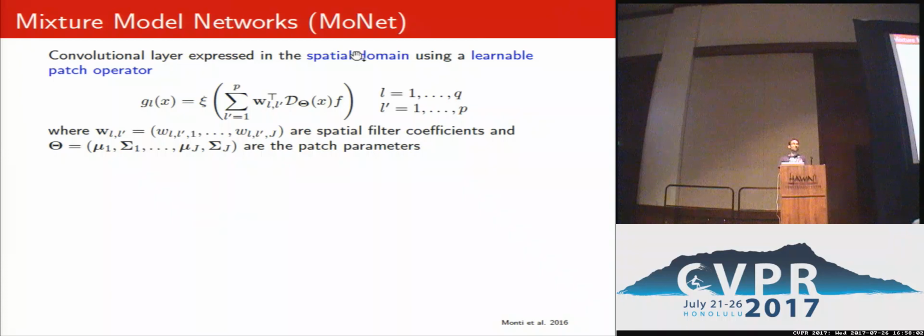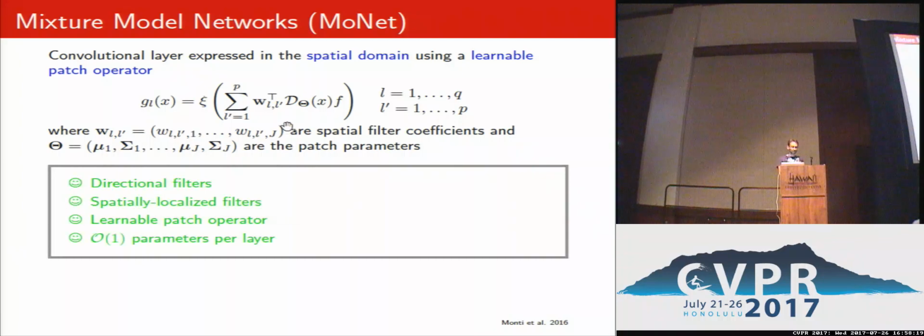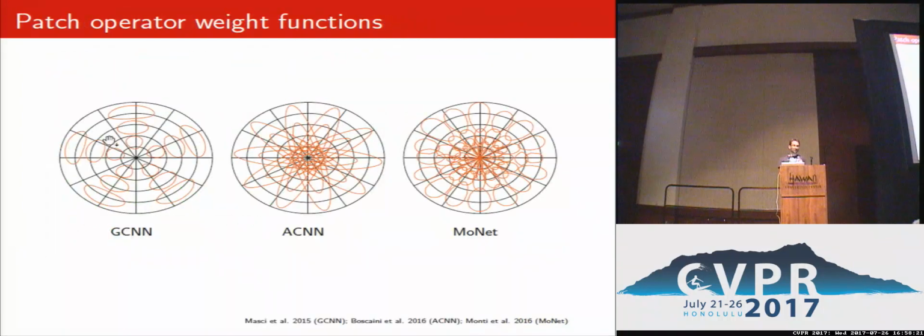And here we have an additional degree of freedom, a learnable patch operator. In images, of course, it would be superfluous, because you can already absorb these degrees of freedom in the filter itself. Here we have both learnable patches and learnable template coefficients. If you compare it to the previous two models, the geodesic CNN and anisotropic CNN, there we had a fixed patch operator with fixed weighting functions.